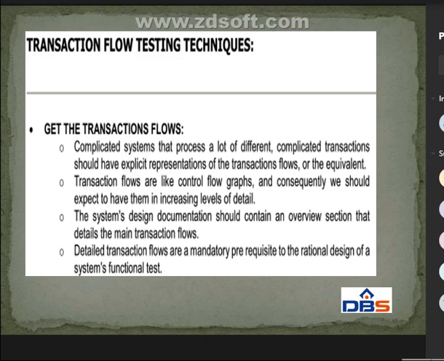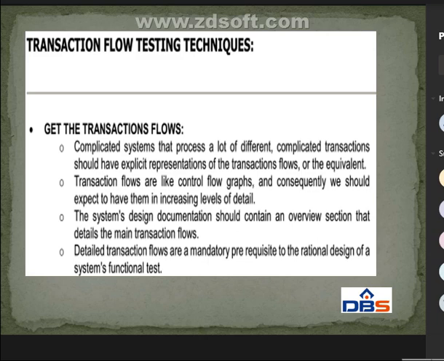Before doing the unit testing, you have to design the control flow graph for that particular unit. After designing the control flow graph for that unit, you have to check whether there are any bugs. If there are any bugs, you can try to fix them.